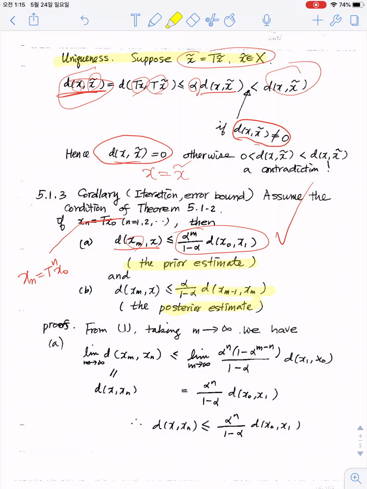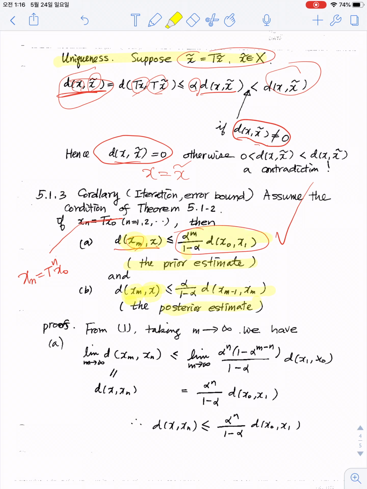The reason we do this is that we don't know the exact solution, the fixed point x. But we approximate x by xn. We don't know the exact value, but we know the approximated value, and we want to know what the error estimate would be. So this is very important.